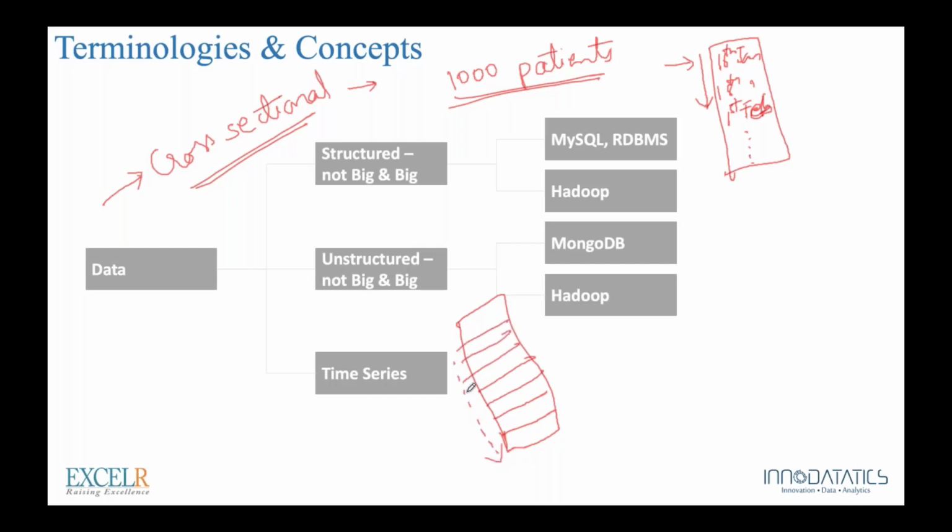Until you have data arranged in a sequence, you do not call it time series data. And when you have time series data, we implement forecasting techniques. So you should now be able to tell me the difference between structured, unstructured, big, not big, what databases you use, cross-sectional and time series.